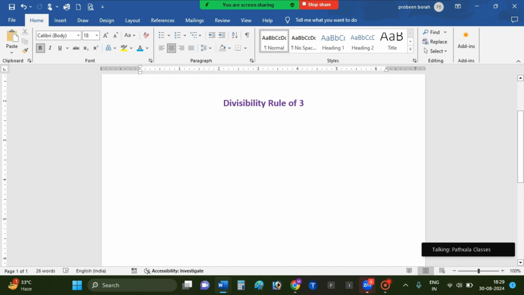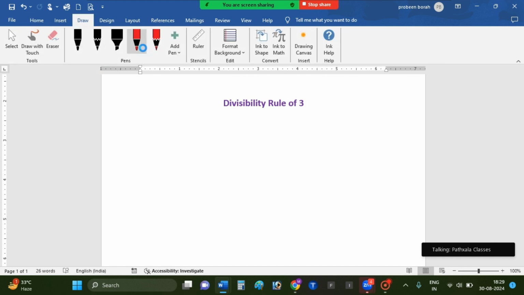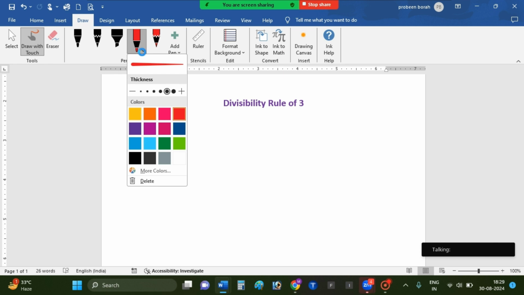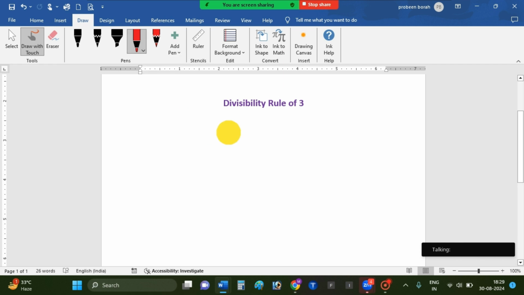Divisibility rule of 3, if you remember. Say if I take any number, say 36.